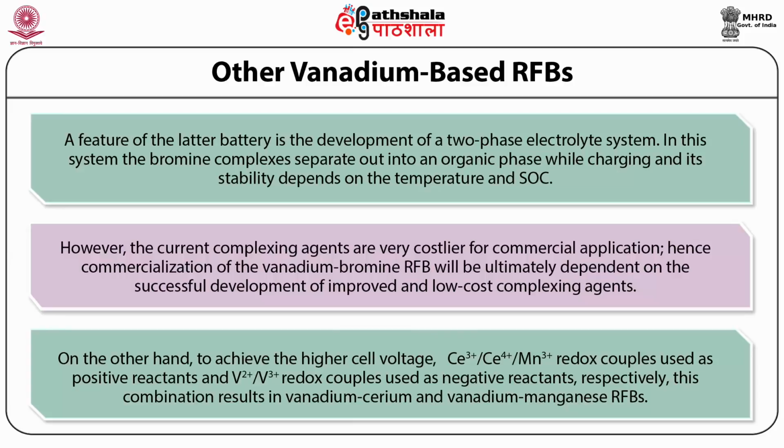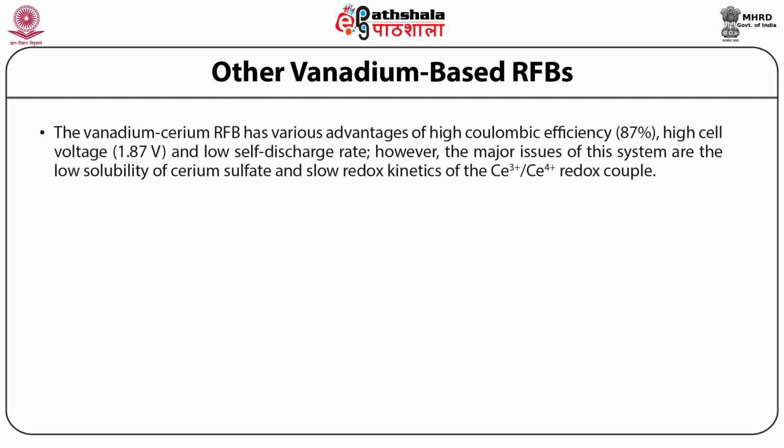This combination results in vanadium cerium and vanadium manganese RFBs. The vanadium cerium RFB has various advantages: high coulombic efficiency of around 87%, high cell voltage of around 1.87 volts, and low self-discharge rate.